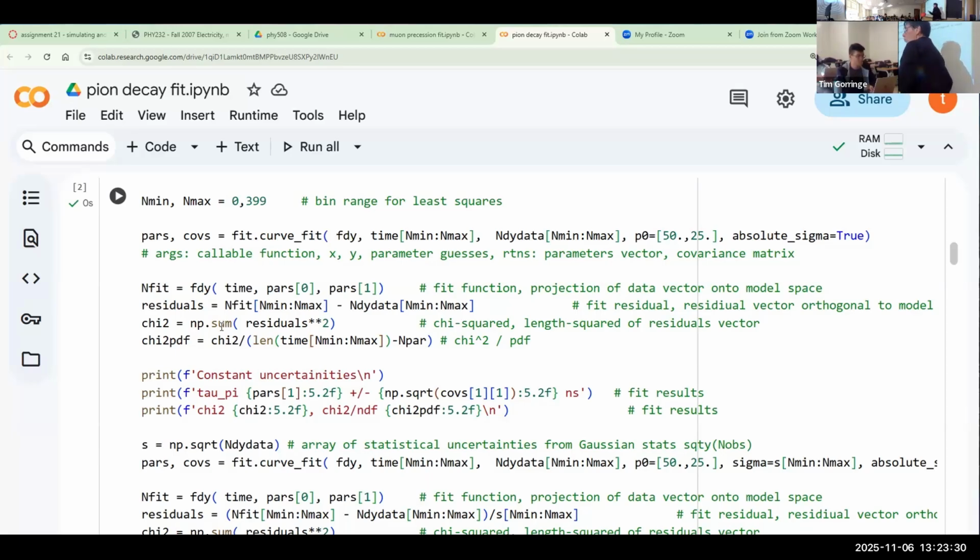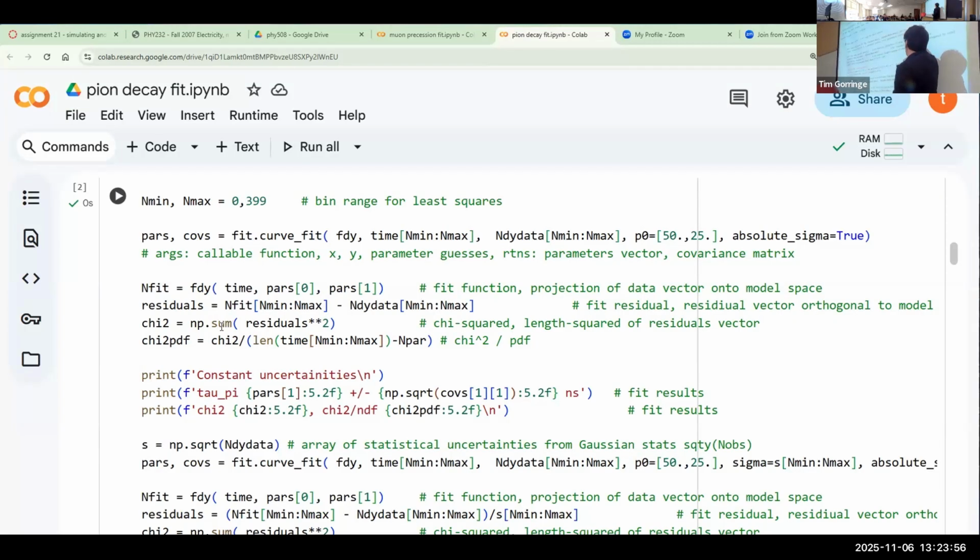Remember the p0 argument was the parameters, the initial guesses for the parameters, because we're doing gradient descent of some sort. We need an initial starting point. This is how you pass this argument with this key here, and then it expects a list of the initial guesses of your parameters. So I just constructed the list here.